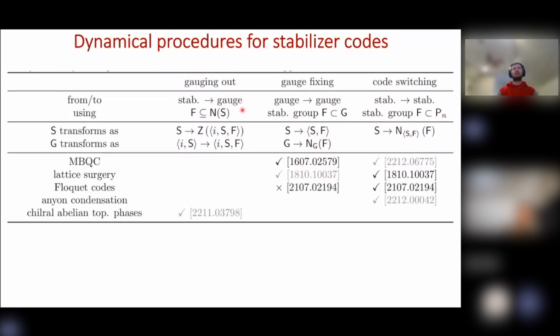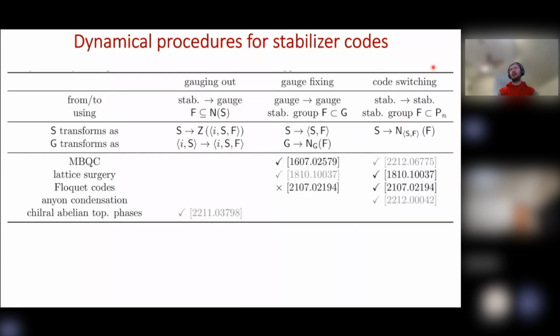There's also gauge fixing, where you change the states of the gauge qubits that you use, and so you go from a subsystem code to a stabilizer code.